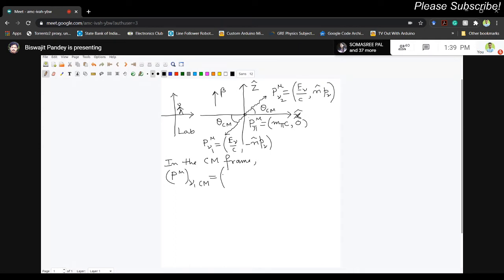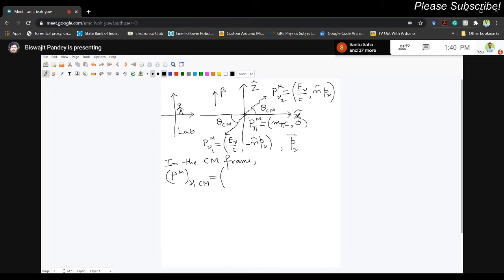What are the components? We have shown that the magnitude of the spatial momentum of the two photons has to be equal and opposite. Magnitude should be equal, direction should be opposite.